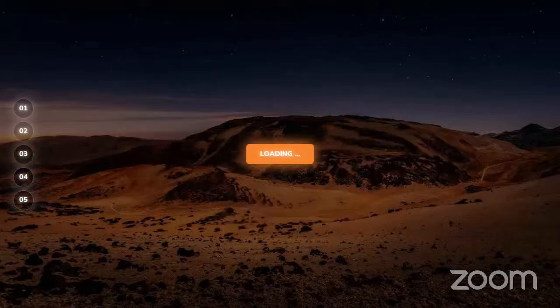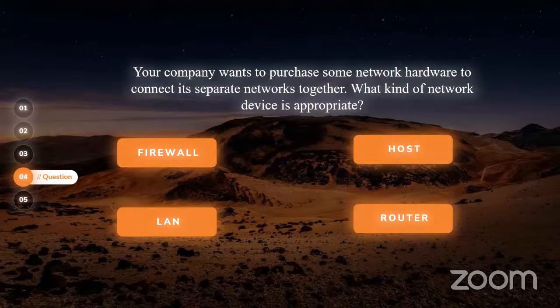Cool. So next question. Your company wants to purchase some network hardware to connect its separated networks together. What kind of device does it have to buy? Router. Okay.